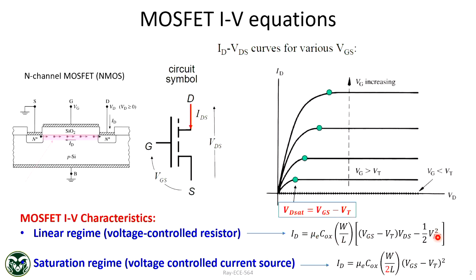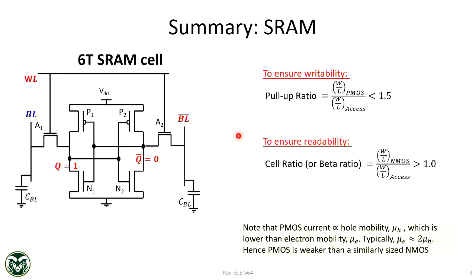Okay. Now, from the previous class, we talked about SRAM read and SRAM write, right? You have to size the transistors properly. If you don't size those transistors, you may fail in write. You may not be able to write. You may fail in the read, in the sense that read can be destructive.